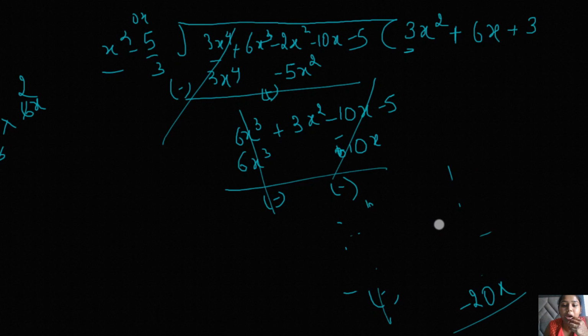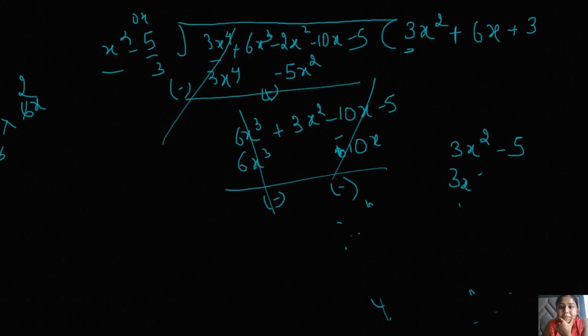By mistake I have done this, and it will be cancelled here only, and we will be getting 3x^2 minus 5 as the final one. By this our remainder is going to be 0.